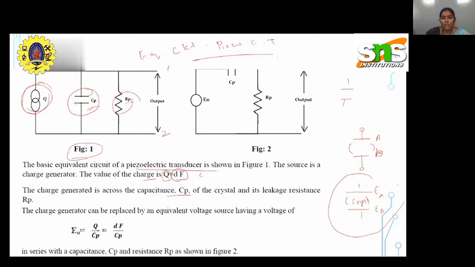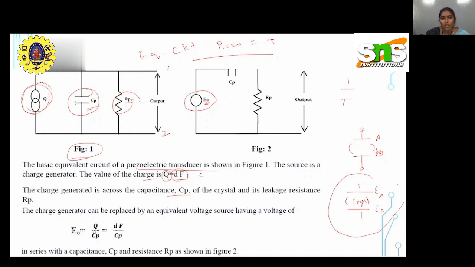Further, this charge generator is now replaced by a voltage. The reason is that when the leakage resistance is too high, in order to reduce the particular block, here we have replaced the charge Q with the electric potential.